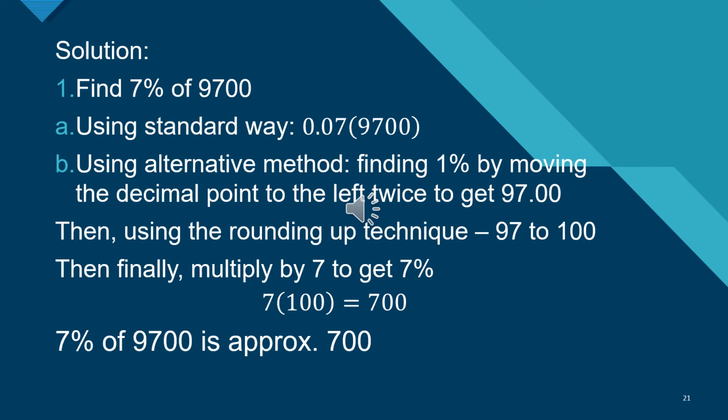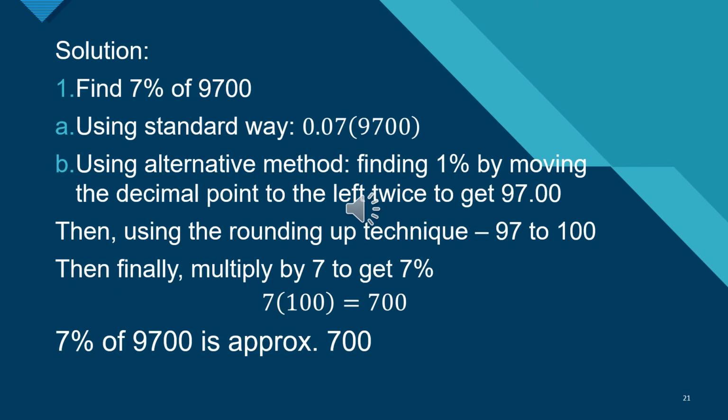And the next step would be to get 7% or multiply 7 by 100 to get 700. Thus, the answer is approximately 700, meaning it's closer to 700 but not more than 700. Now, in the choices, we only have one option that is close to 700, and that's letter A, 679.